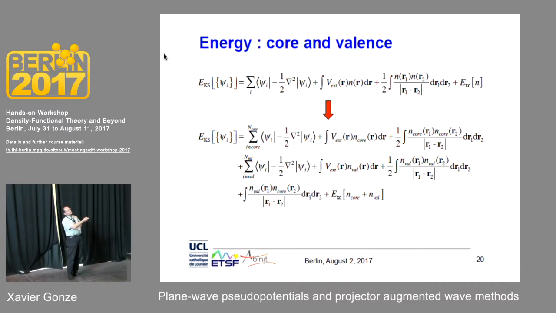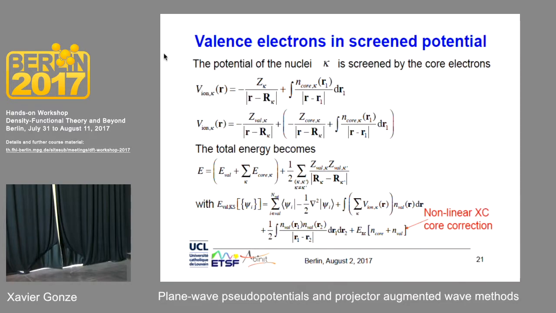You note n val is present here, like here, and then the Vx will be combined with this density of the core screened by the Coulomb. Well, the Coulomb potential created by the n core. This is the natural introduction of what is called an ion. Indeed, the potential created from such ion is the Coulomb potential of the nucleus plus the screening due to the core electrons inside this formula.